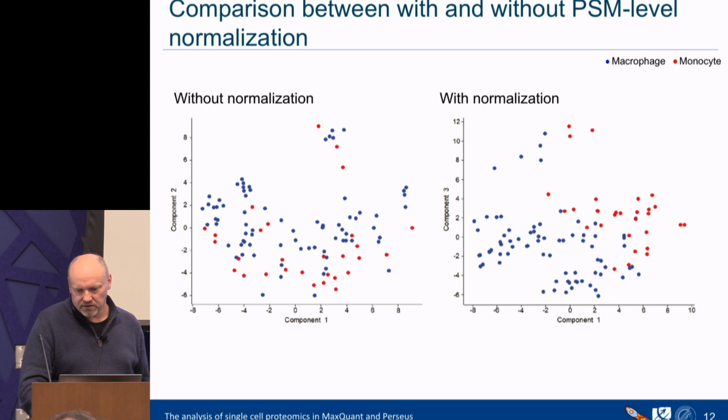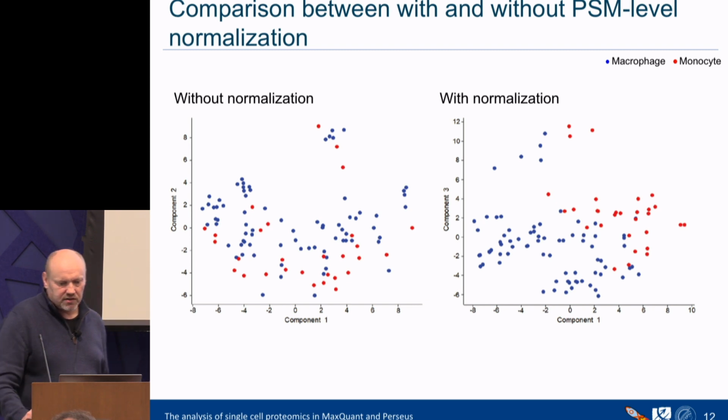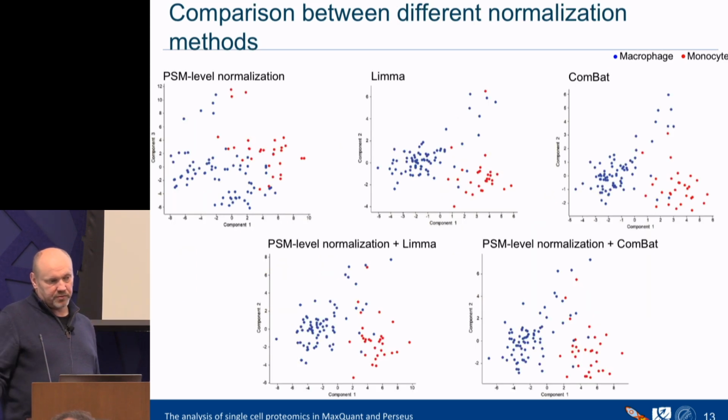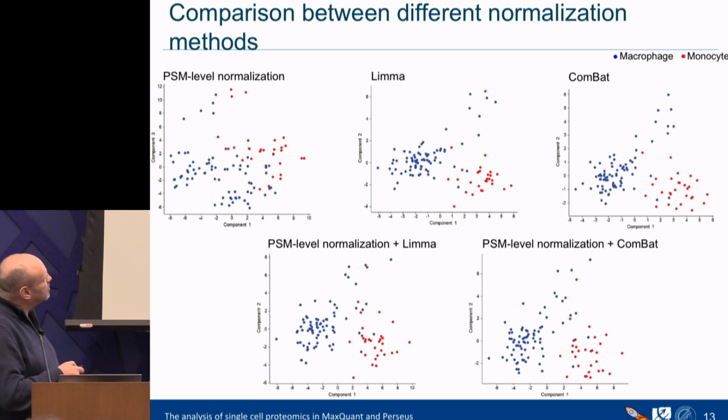Then the question is, can it be even improved if we put some protein level batch removal tools on top of our PSM level normalization? We compared it with Limma and Combat, and also the combination. So this is just our PSM level normalization. This is just Limma, just Combat.